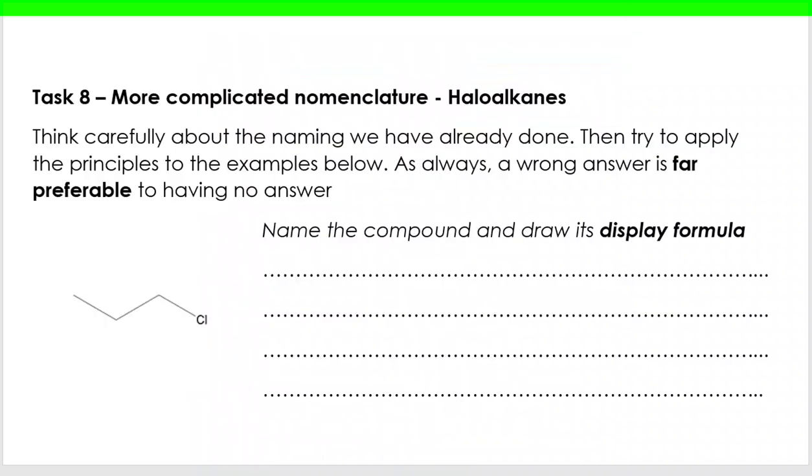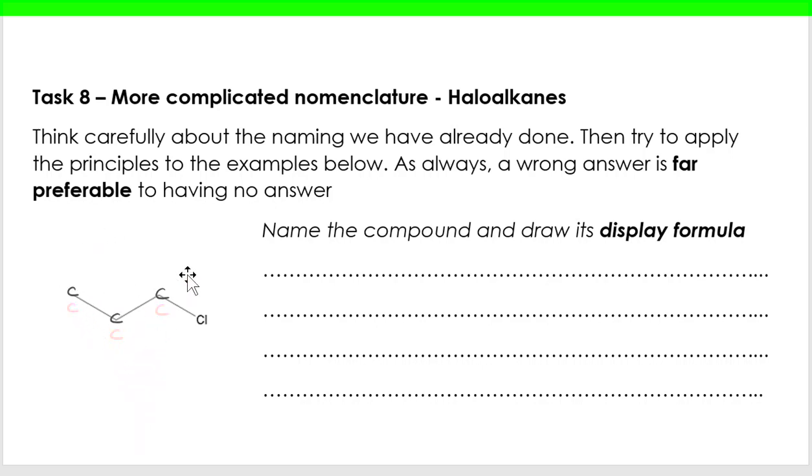Okay, so let's now have a think about how we're going to answer these. These are haloalkanes. You've been given the skeletal formula. What would its name be and what would its display formula look like? Well, remember the skeletal formula simplifies the CH3s and CH2s.